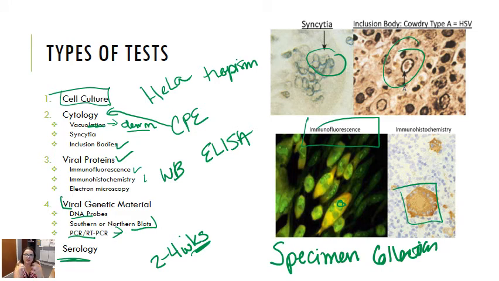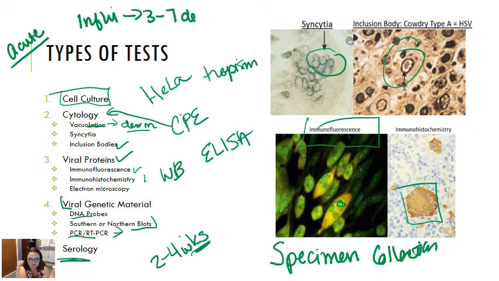Anytime you're collecting it, you want to collect specimens early, as often as you can, particularly during the acute phase of infection, because that's when virus is likely to be at its highest and why it's likely to be shed. So for example, respiratory viruses, like the flu, will shed for anywhere from about 3 to 7 days.